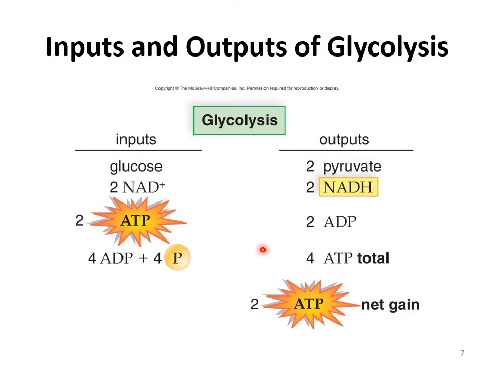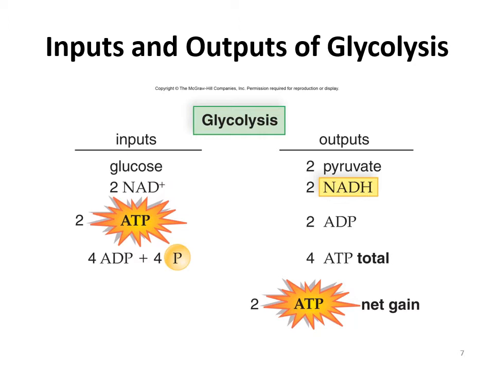So whenever we say you get 2 ATP out of glycolysis, it's what's called a net gain. So the cell had to put in 2 ATP to make 4 ATP. So in that process, it gained a total of 2 ATP. Okay. Again, I won't bother you about the 2 versus 4.